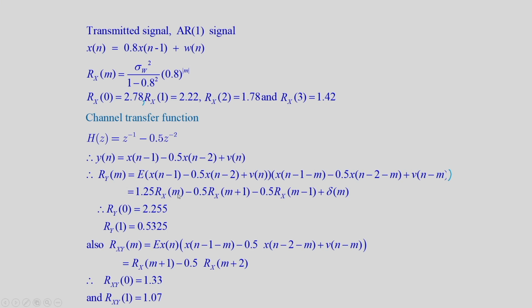If we carry out the multiplication and then take the expectation, the first term will be E[x[n-1] x[n-1-m]], so we get Rx(m), and the 0.5 x[n-2] times 0.5 x[n-2-m] term will also give Rx(m).